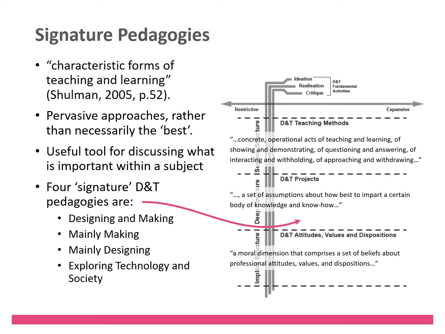We've got designing and making, and that's been around for a long time, and that's talked about a lot. We've got mainly making, so it has to be focused particularly on making. We've got mainly designing, that is probably a bit newer in our lexicon within D&T, and thinking that sometimes we want to be just designing, where we're not restricted by the amount of time, the tools, the equipment that we've got available to us, because even designing and making is going to limit creativity somewhat because of those factors: time, resources, and equipment, and so on.